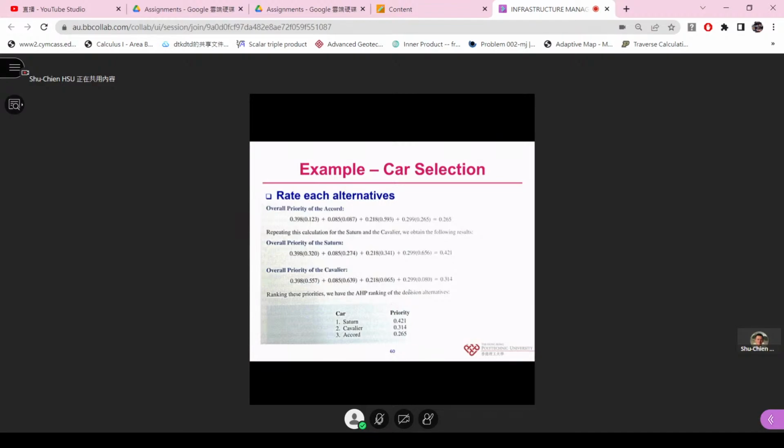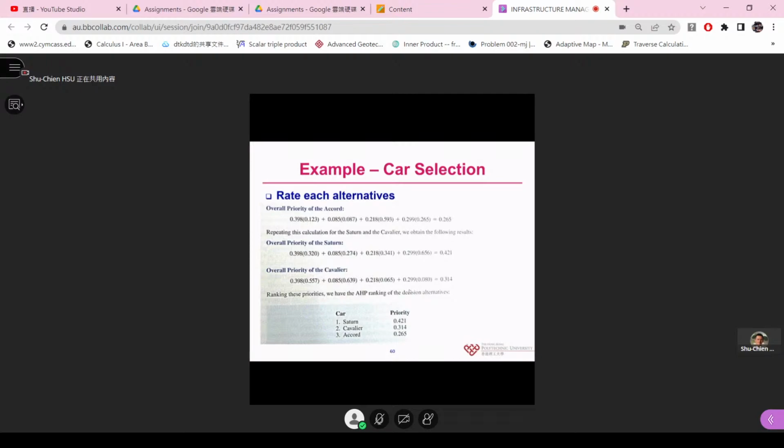The overall priority of the Saturn is 0.398 times 0.321, plus 0.085 times 0.274, plus 0.218 times 0.341, plus 0.299 times 0.656. So we get 0.421. And the same thing for the overall priority of the Cavalier, where we get 0.314.